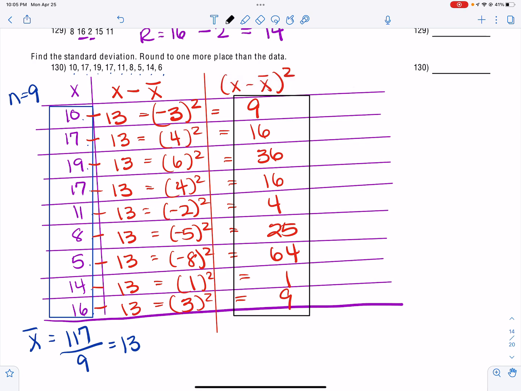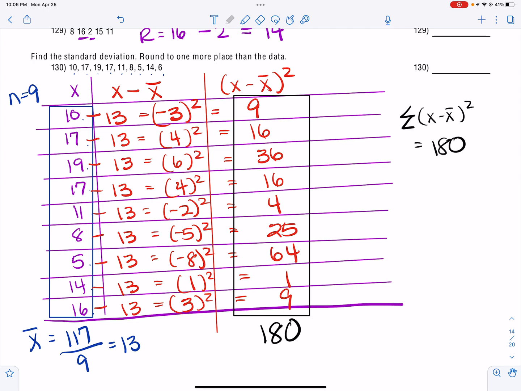Okay, so I'm going to now add 9 plus 16 plus 36 plus 16 plus 4 plus 25 plus 64 plus 1 plus 9. And that gives me 180. So the sum of the deviation squared is 180.